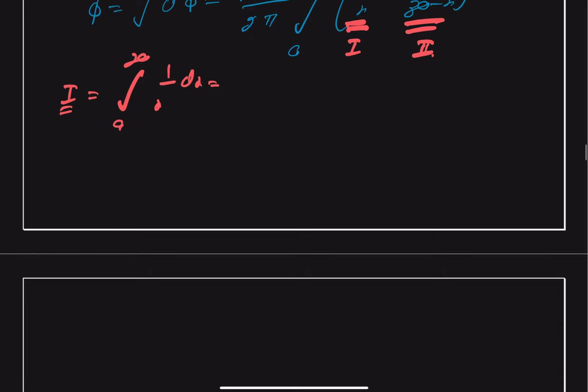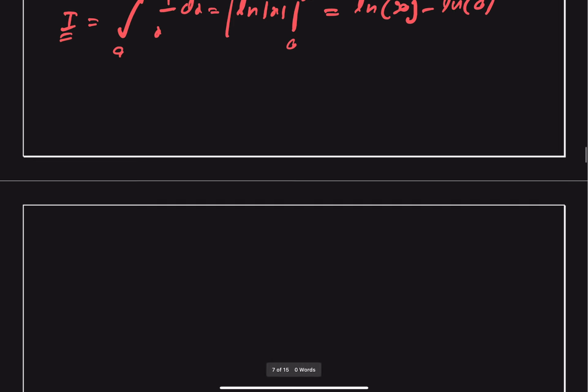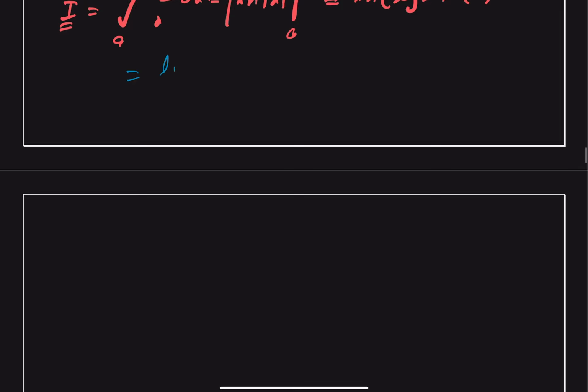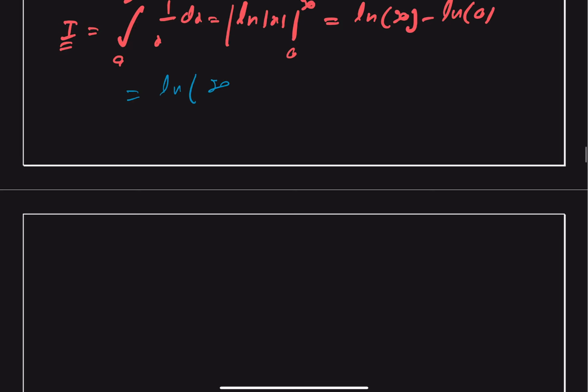So this will be natural log of x, from a to 2a, giving us natural log of 2a minus natural log of a, which comes out as natural log of 2a divided by a. Here a and a cancel out. This gives us natural log of 2.